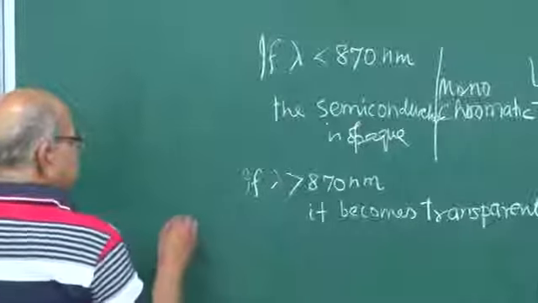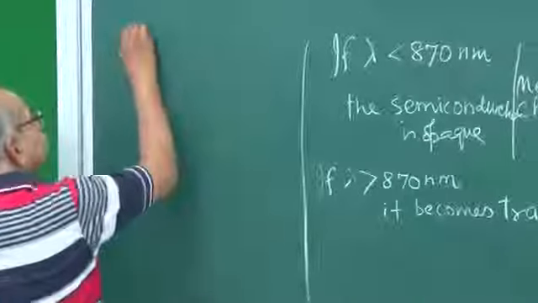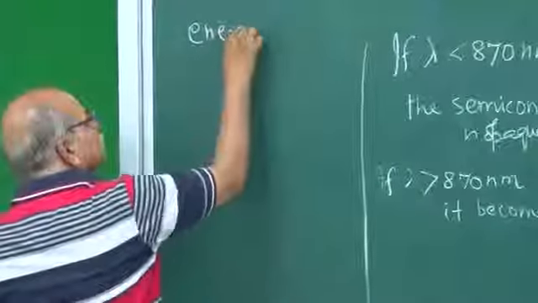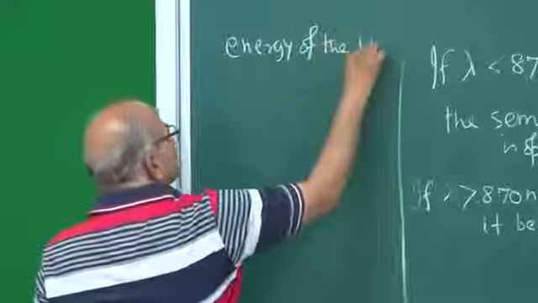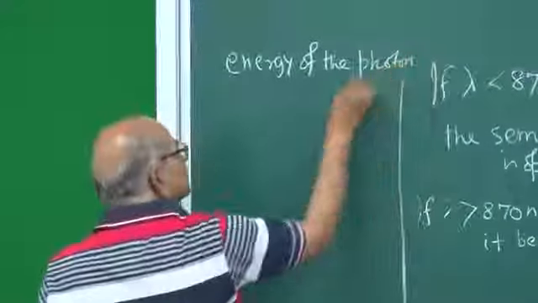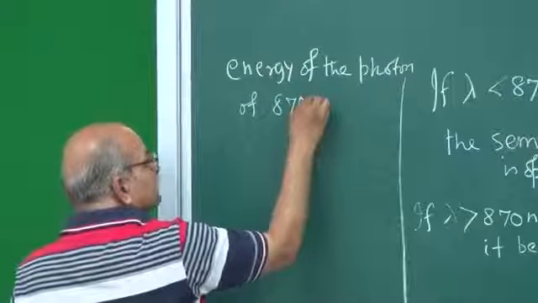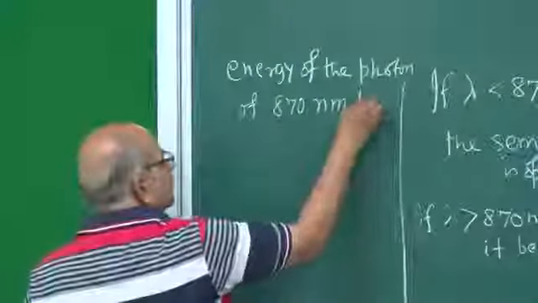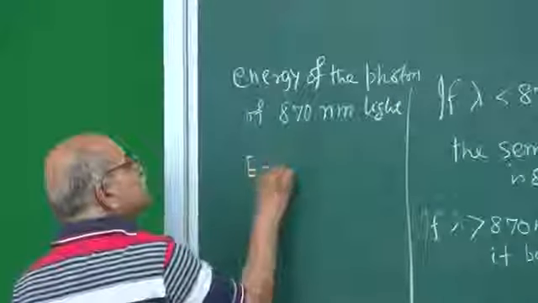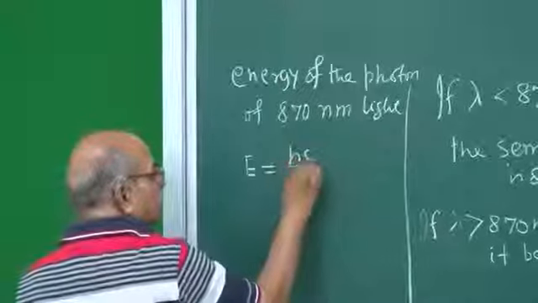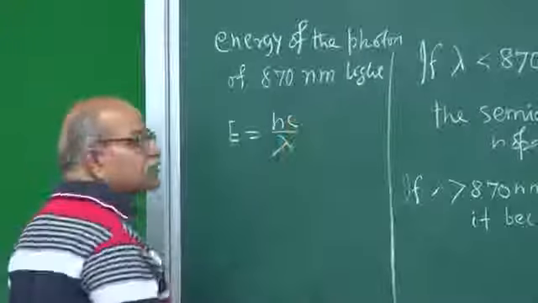So, if you calculate that energy of the photon of 870 nanometer light, it is hc over lambda, where h is Planck's constant and c is the speed of light.